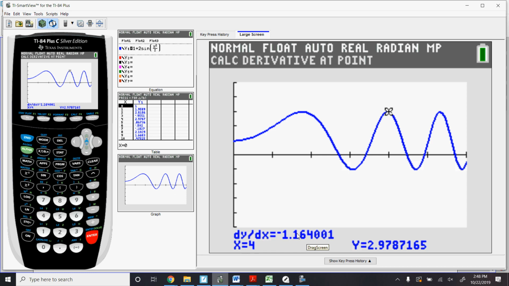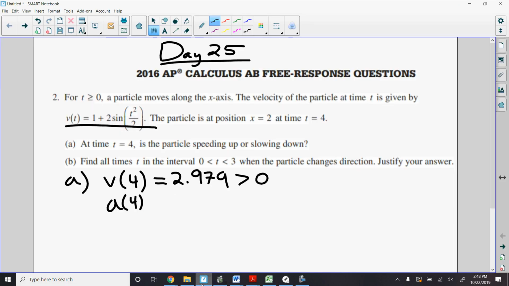So that's how I can calculate very quickly and easily on my calculator graph here. I can calculate a derivative at a point very simply. I don't have to do the chain rule or anything like that. I'll let my calculator calculate that derivative. What you need to know is that you needed to do a derivative to go from velocity to acceleration. So my acceleration then is negative 1.164, which I know is a number that is less than 0.